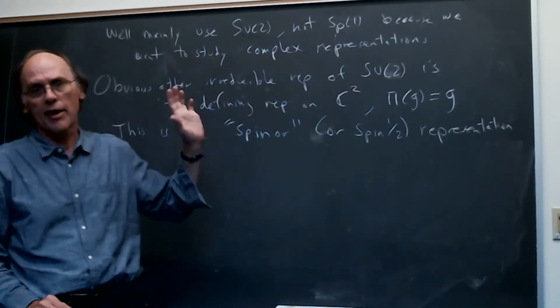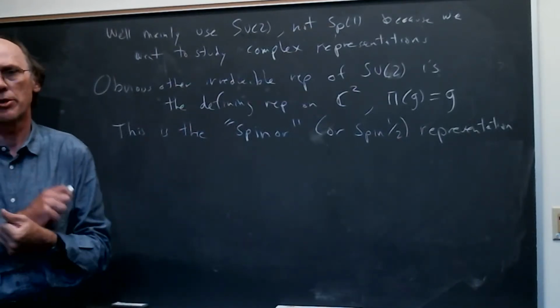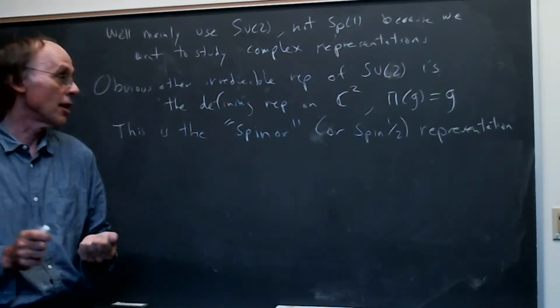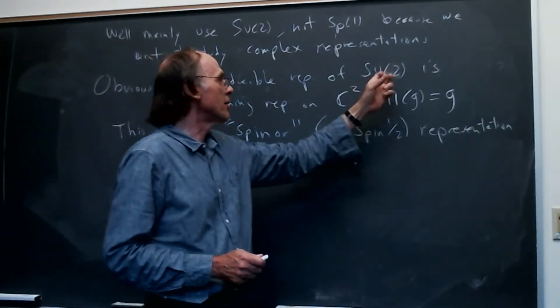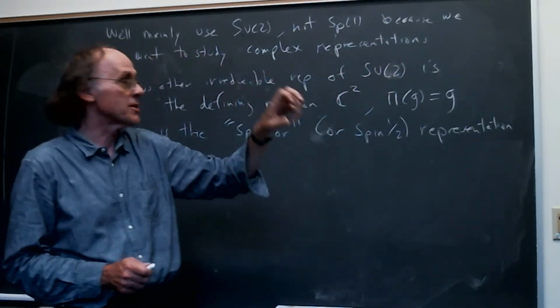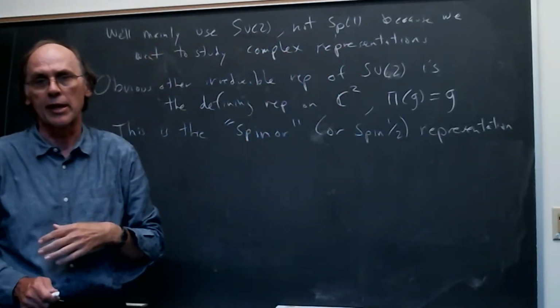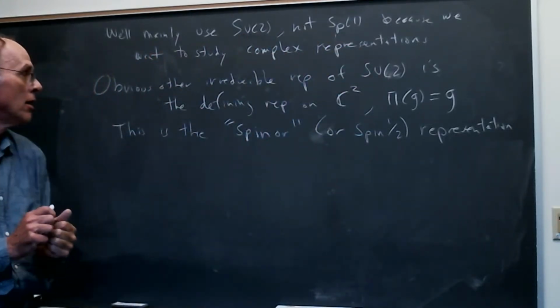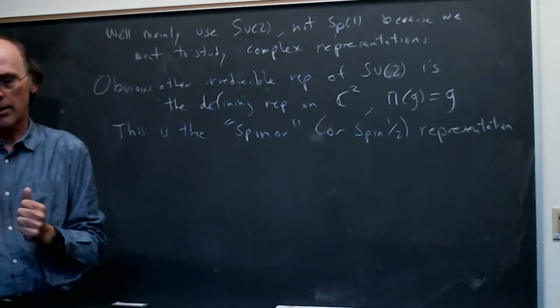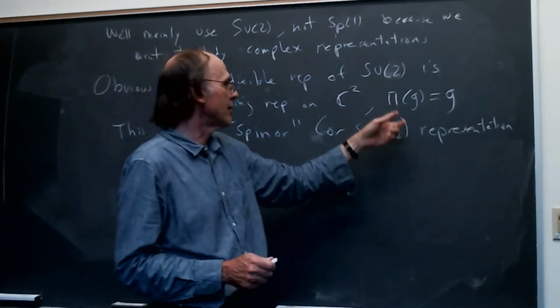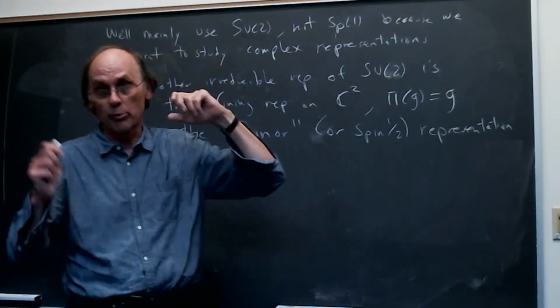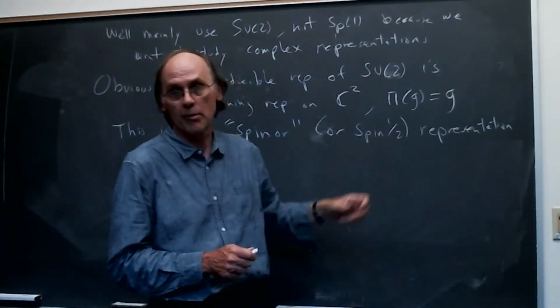Okay, and so to get ahead of ourselves, what I'm going to do next on Thursday is tell you how to write down all of the irreducible representations of SU2 or of SO3, and we're going to find that they're labeled by a non-negative integer n. The one labeled by n you say is the spin n/2 representation.